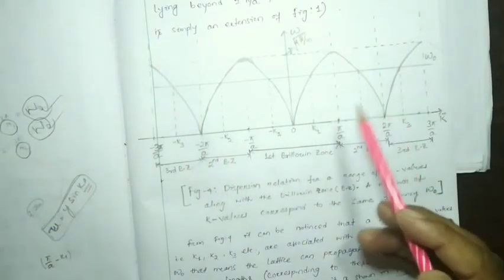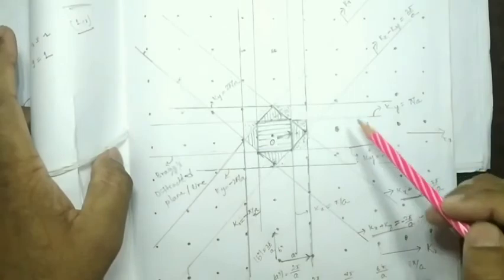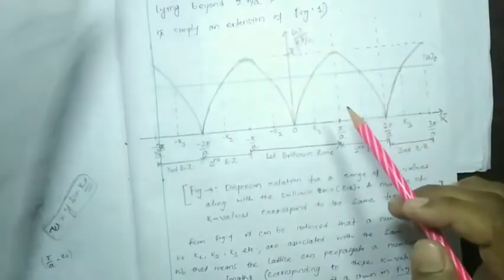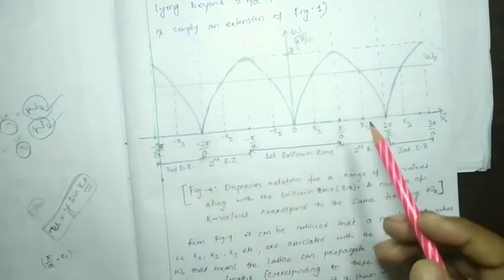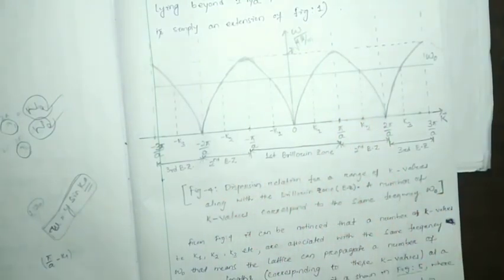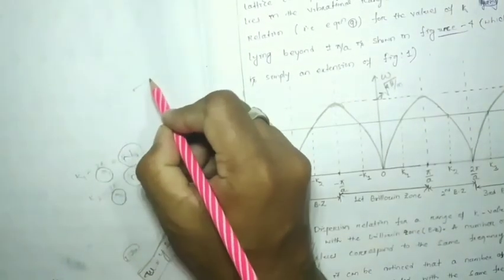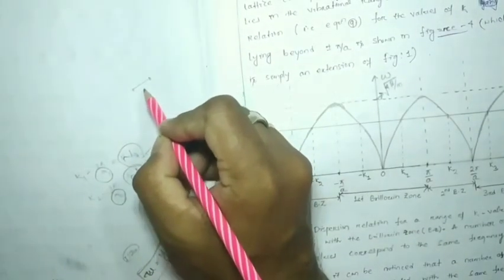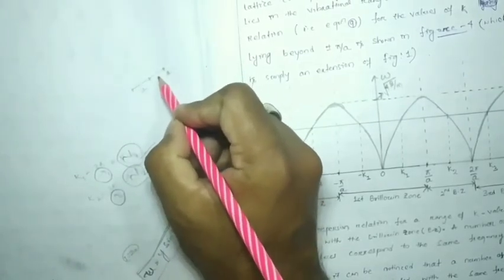There, that picture was the representation of the Brillouin zone in 2 dimensions of a simple cubic lattice. Here is the representation of a one dimensional simple cubic lattice, in which the periodic lattice points are a apart. This is one lattice. Next another lattice is found at a distance a, and another at a distance a.